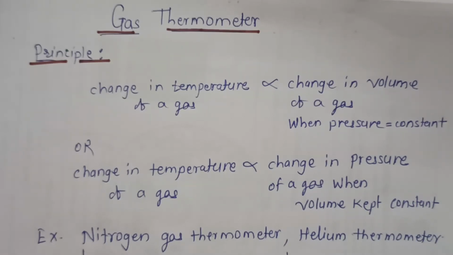Below minus 200 degree centigrade, nitrogen gas does not act as a perfect gas at low temperature, so below minus 200 degree centigrade, helium gas is used in thermometer.